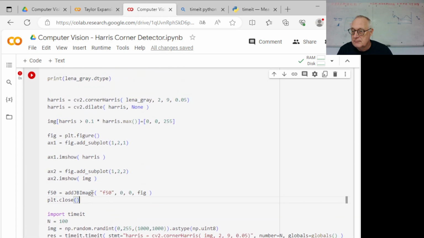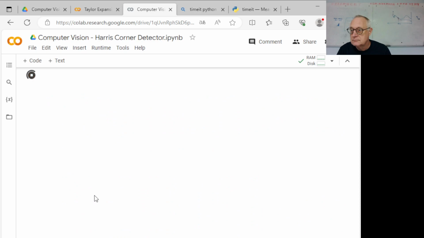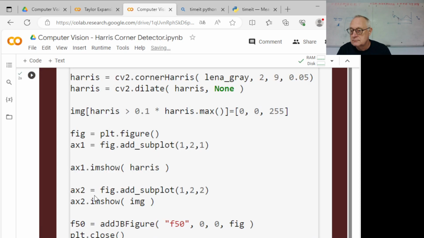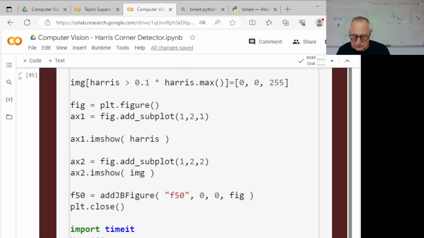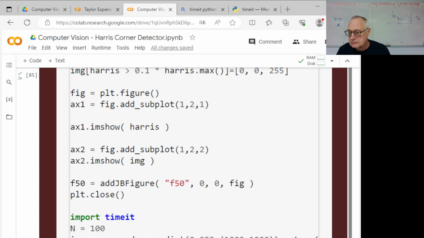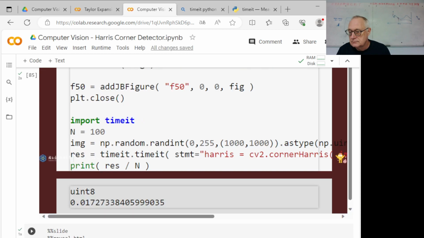Not image, figure. And here we have that.